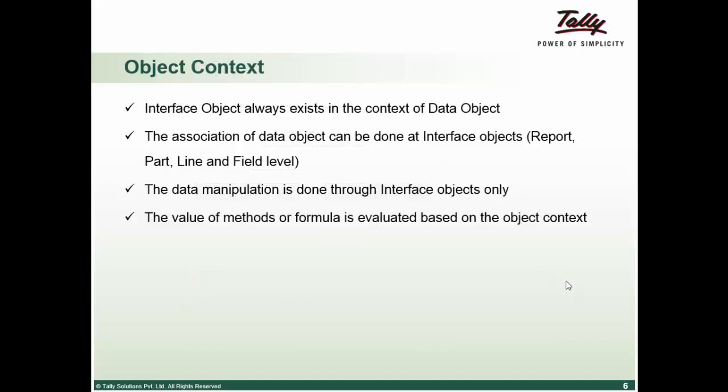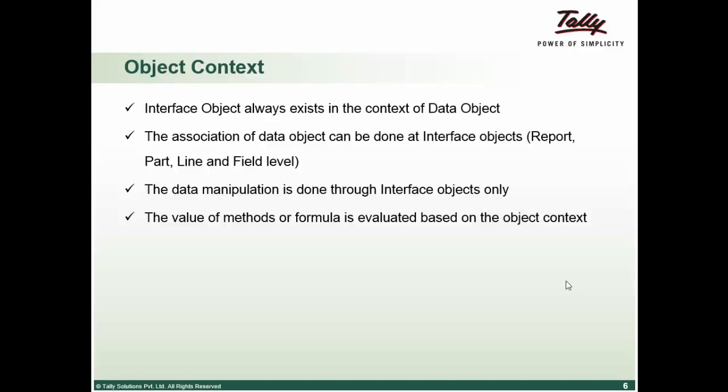Object context. Until now, whatever report or interface we have made used hard-coded values. Now, we will start bringing the backend database to our interface. Hence, each interface object exists in the context of a data object.